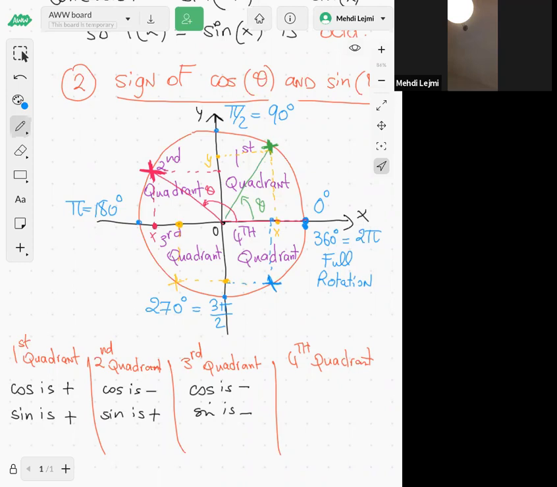So cosine is positive and sine is negative. Okay, so again, just think of cosine as the x coordinate and sine as the y coordinate.